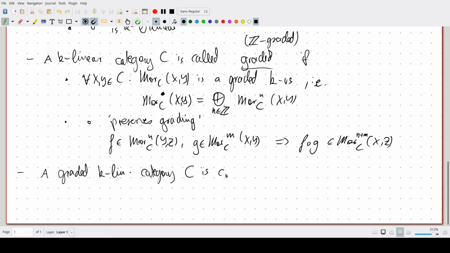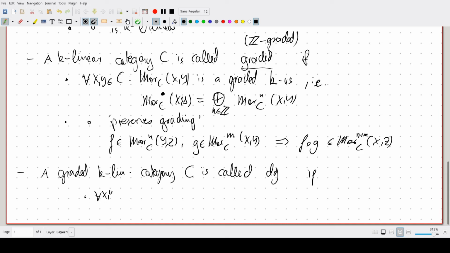a graded k-linear category C is called DG, or a DG category, where DG stands for differential graded, if all of the Hom spaces are also equipped with a map.